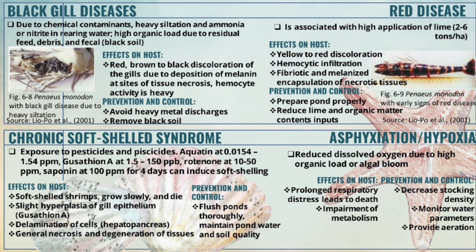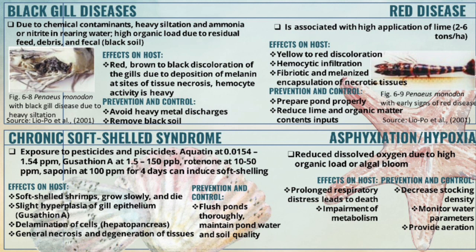So the disease must not be confused with the disease of newly molted shrimps, which have clean, smooth, and soft shells that harden within 1 to 2 days. So what are the effects of this disease on the host? As I've said, the affected shrimps are soft-shelled and they grow slowly and they eventually die.